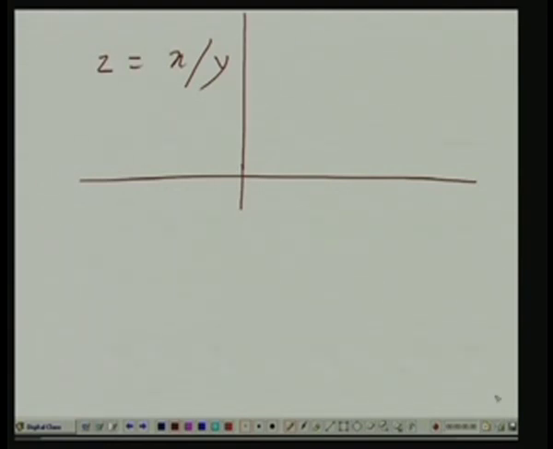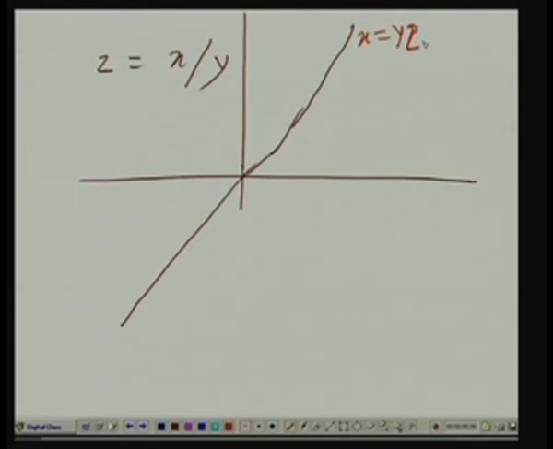I just take z to be positive here for convenience, it does not change anything. So, what is this equation? This equation is x equal to y z, some capital Z. Okay. I have to now find out the probability distribution of Z.